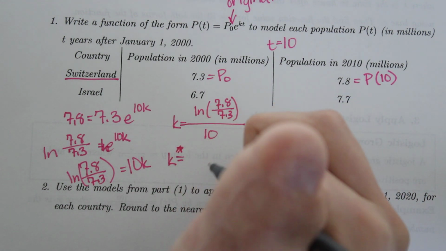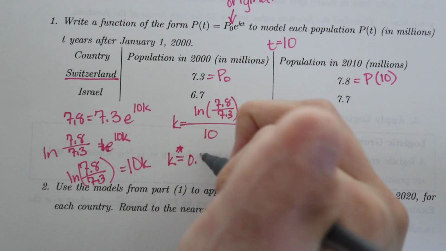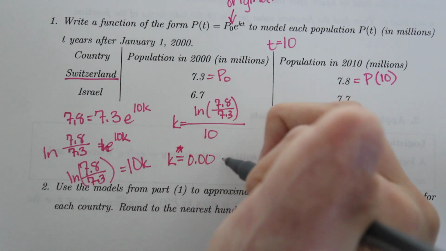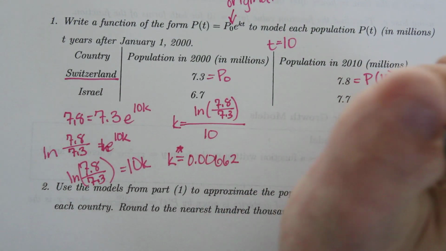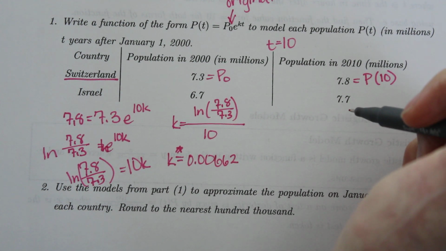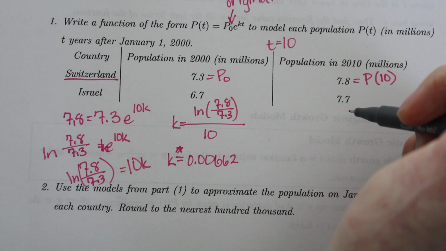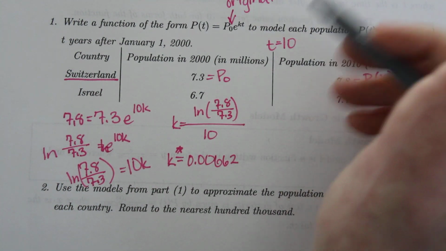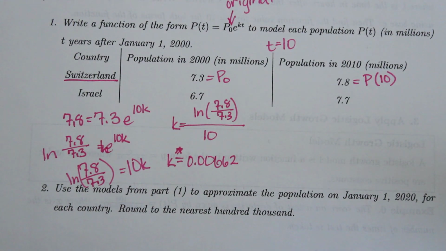Using our calculator, we get that k is equal to 0.00662. I rounded this one way further out just because there weren't any numbers for that first 2 after the decimal. If you round it to 4, that's perfectly fine.